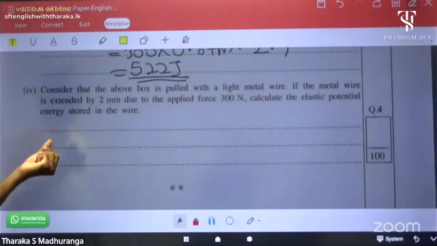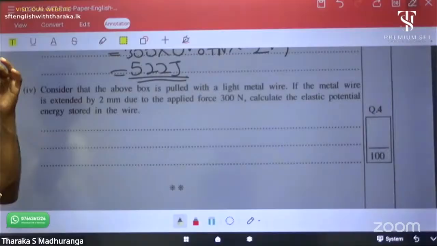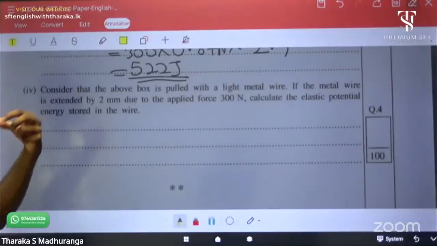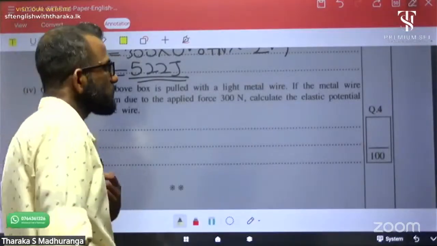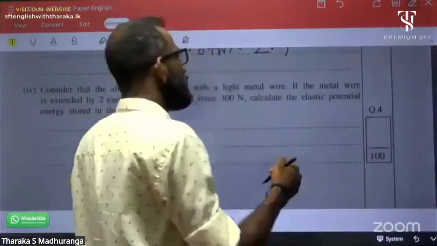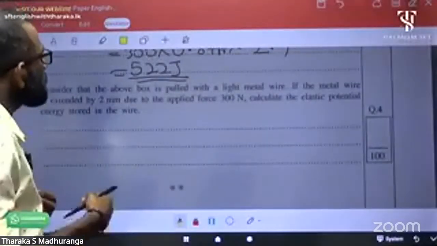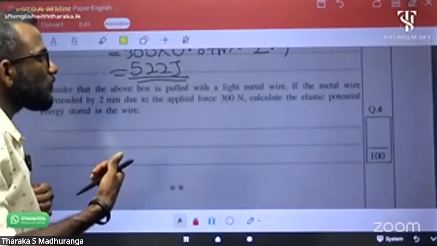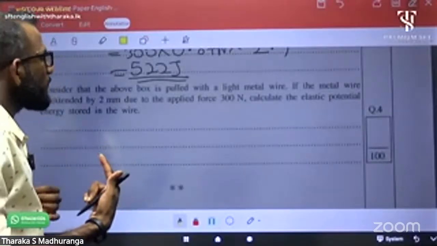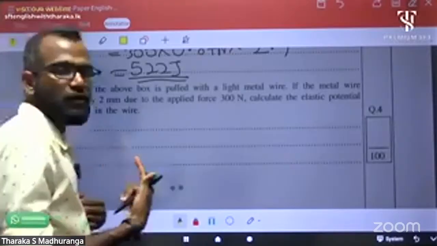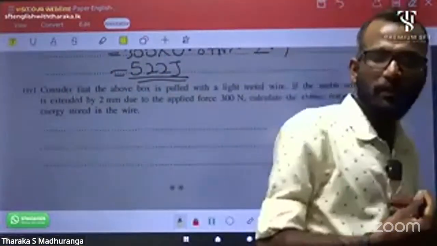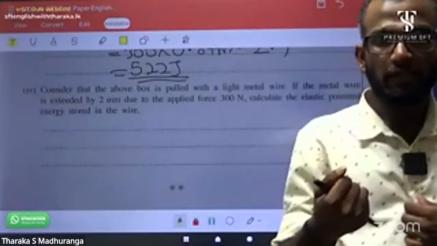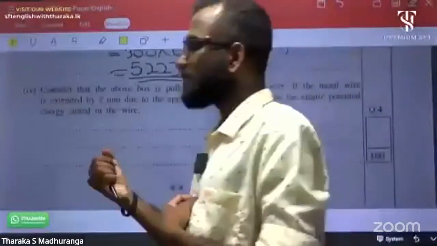Final one. Consider that the above box is pulled with a light metal wire. If the metal wire is extended by 2 millimeter due to the applied force of 300 Newton, calculate the elastic potential energy stored in this wire. Simple. What is the equation?